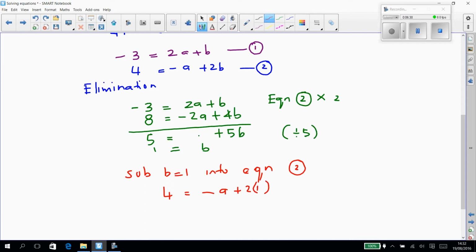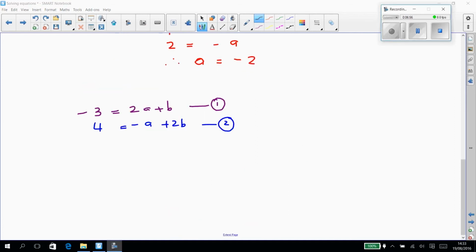If we take the 2 across, we need to subtract it from 4, so I get 2 equals negative a. Therefore, if I divide both sides by negative 1, I get a has a value of negative 2.